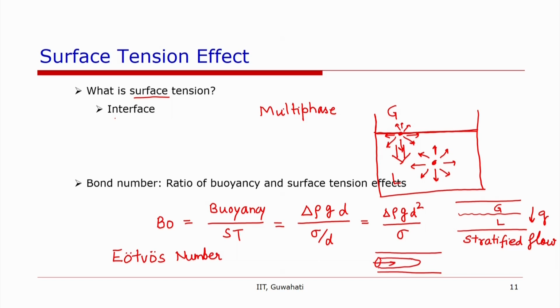Either one will have bubbles forming, or one can have annular flow where liquid is in between and the gas is around it. The Bond number is, as you can see, proportional to d square. So, when the length size becomes smaller, the effect of gravity, which is a body force, becomes smaller, and surface tension starts dominating the flow, and you will see a number of effects.